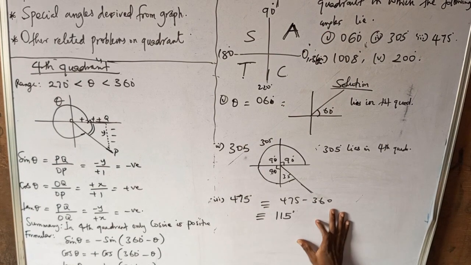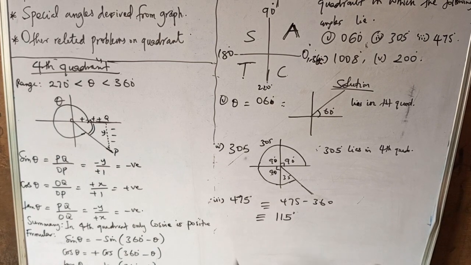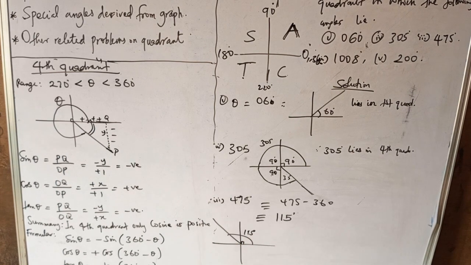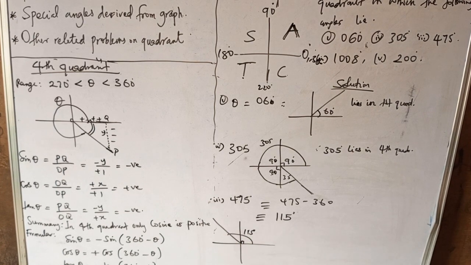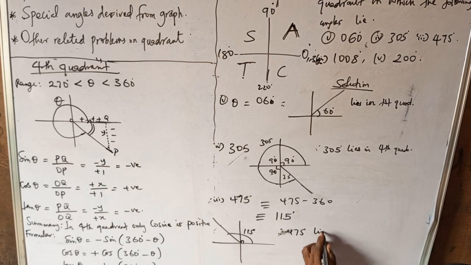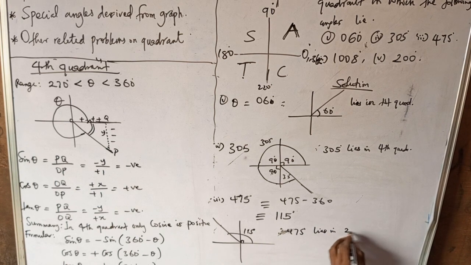So automatically it will lie in the second quadrant. This is my 115 degrees, 90 plus 25. So our 475 lies in the second quadrant.